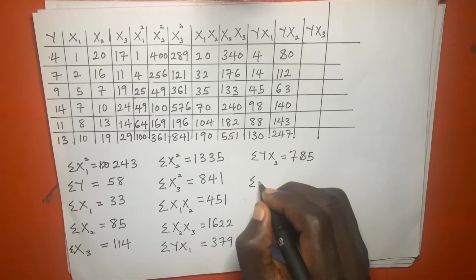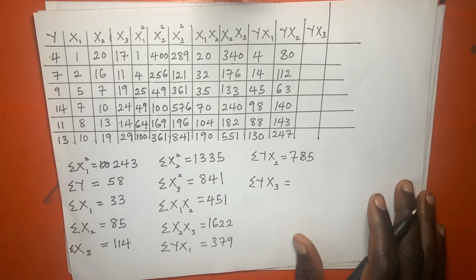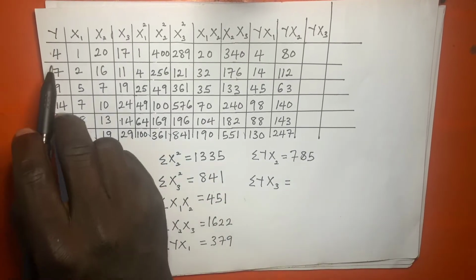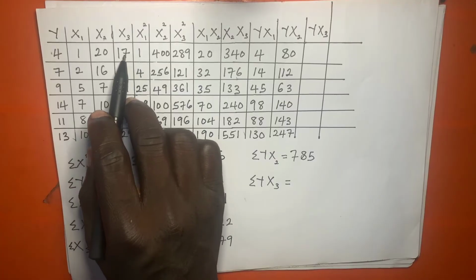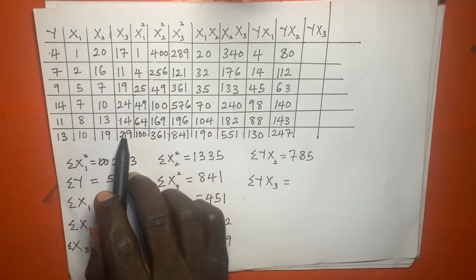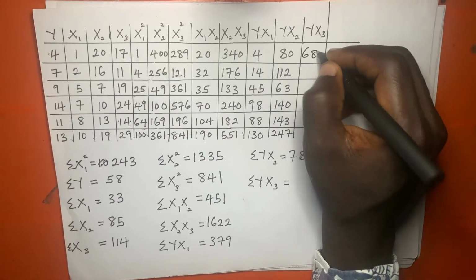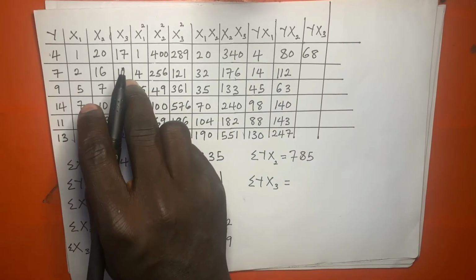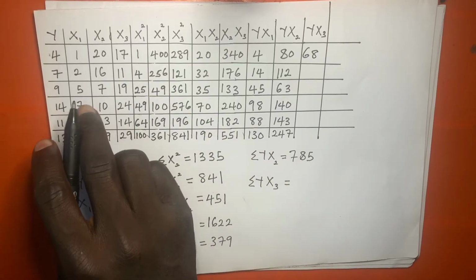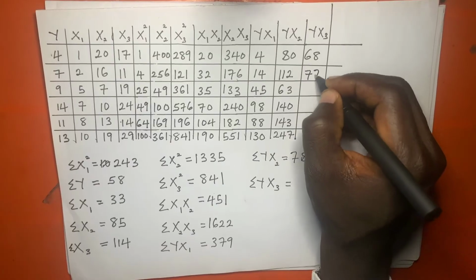Then summation yx3, this column multiplied by the corresponding value in this column. So 4 times 17 will give us 68. 4 times 11, 7 times 11 gives us 77.